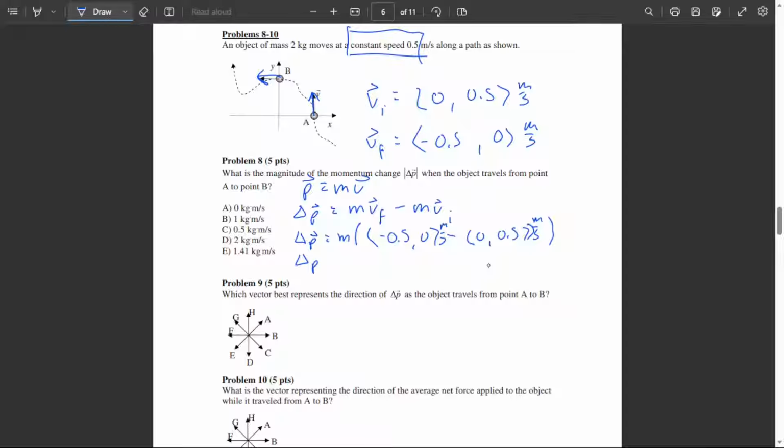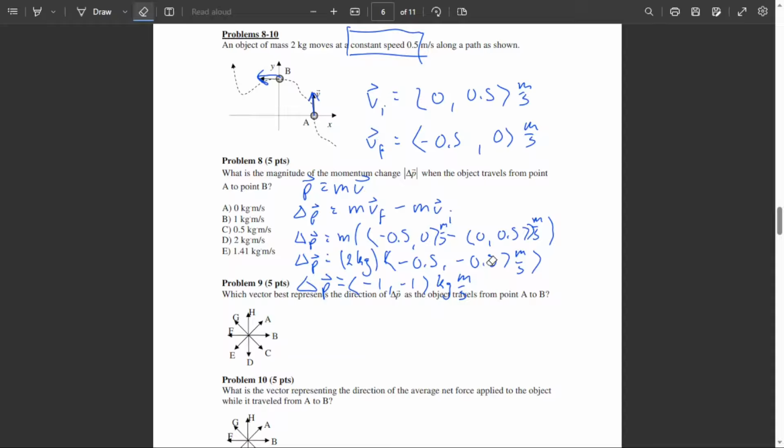So then, momentum change is going to be the mass, which is 2 kilograms, times minus 0.5 minus 0.5 meters per second. Or just minus 1 kilogram meters per second.